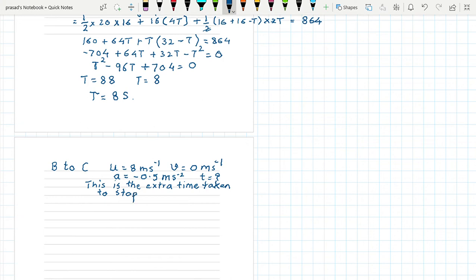So again I will use v is equal to u plus at. So v is 0, u is 8, a is negative 0.5 into t. So if I solve that, I'll get t as 16 seconds.